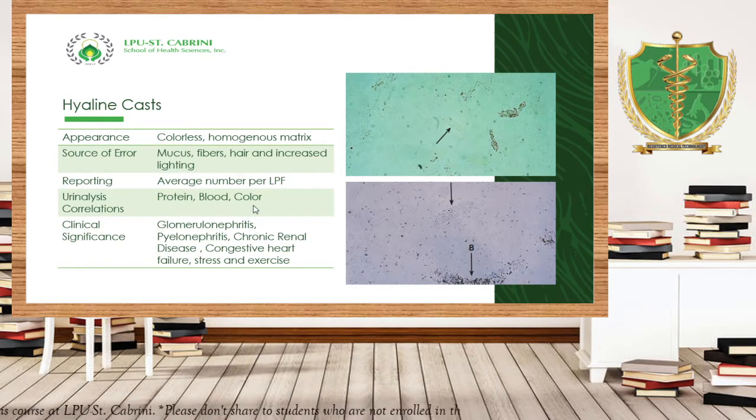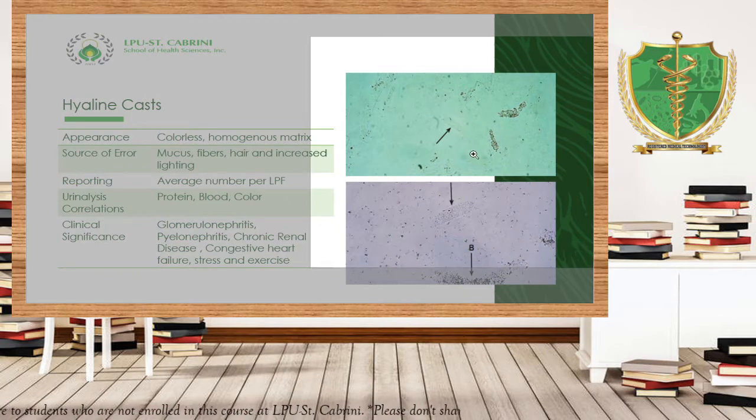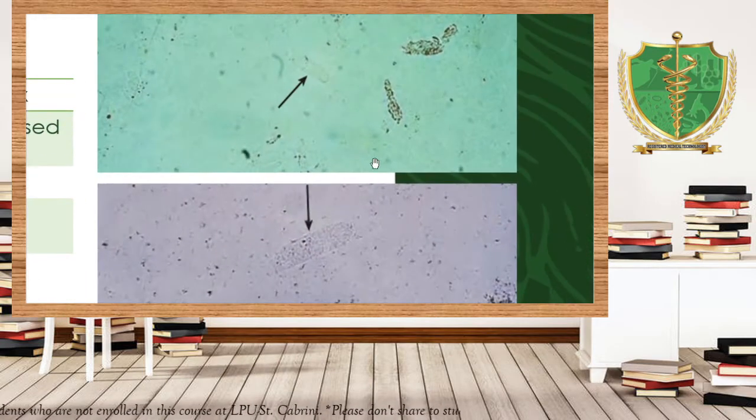Okay? The blood and the color of urine. Usually, hyaline cast is clinically significant when present. So I will zoom in so that you will be able to see. Okay? This is the hyaline cast. Another one here, hyaline cast.